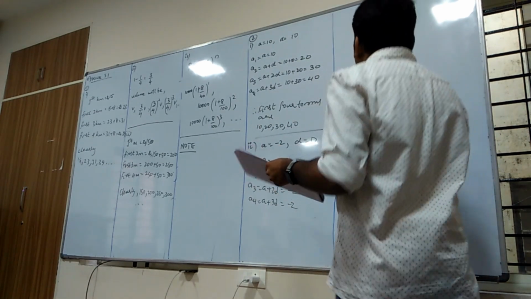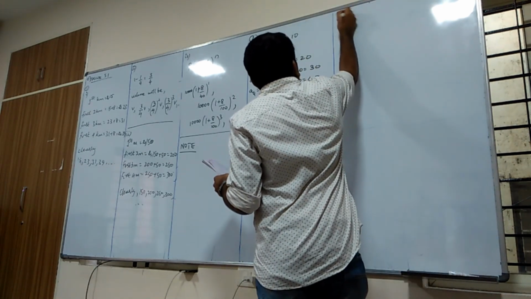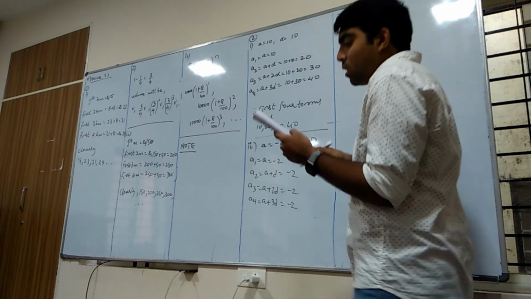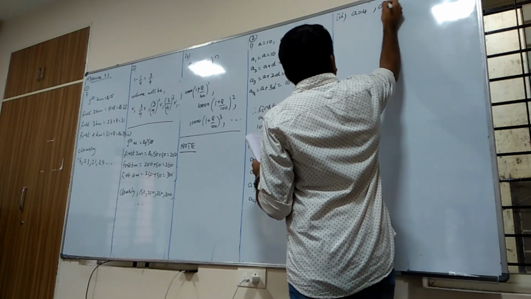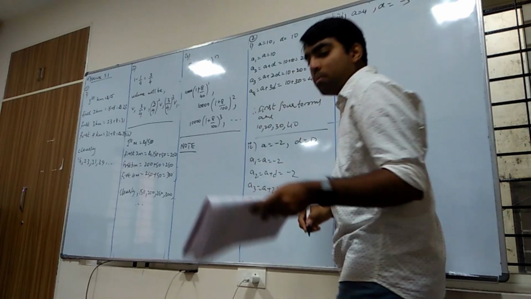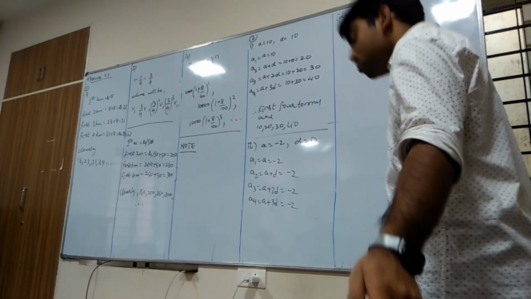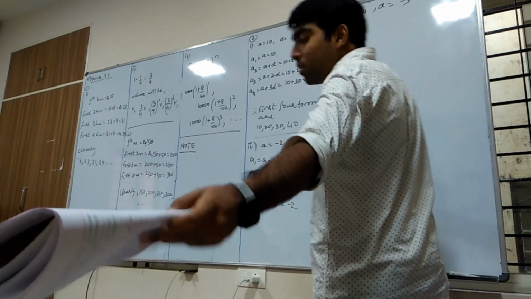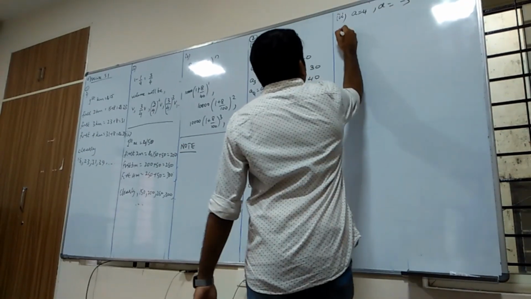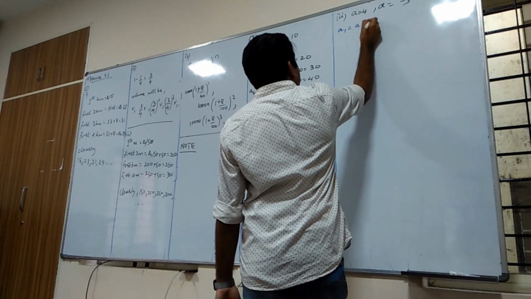Third sub question: a is equal to 4, d is equal to minus 3. What will be A1? 4.